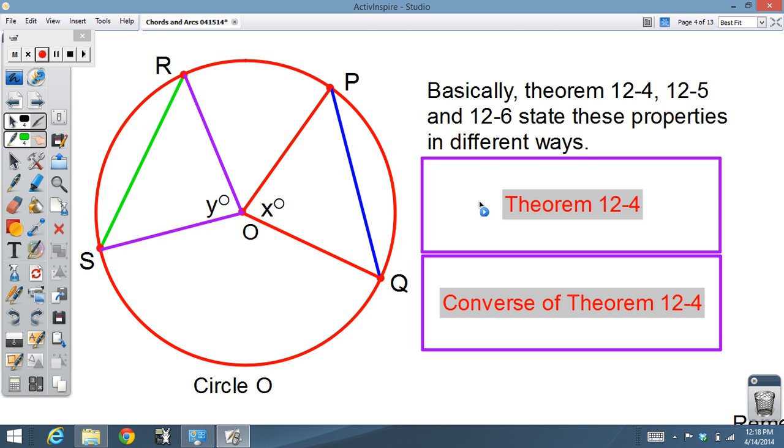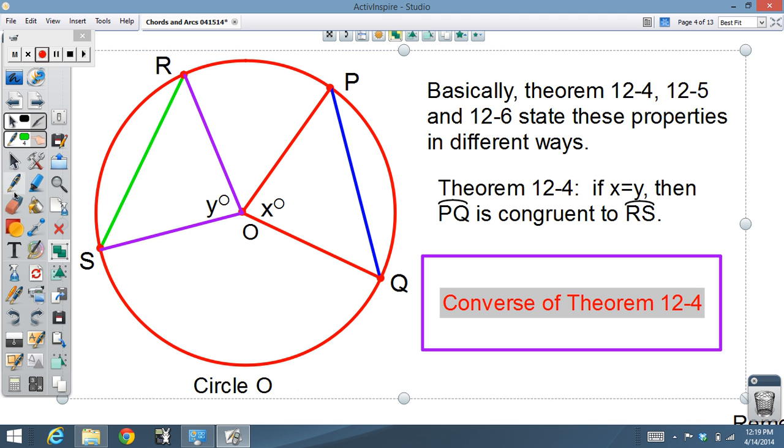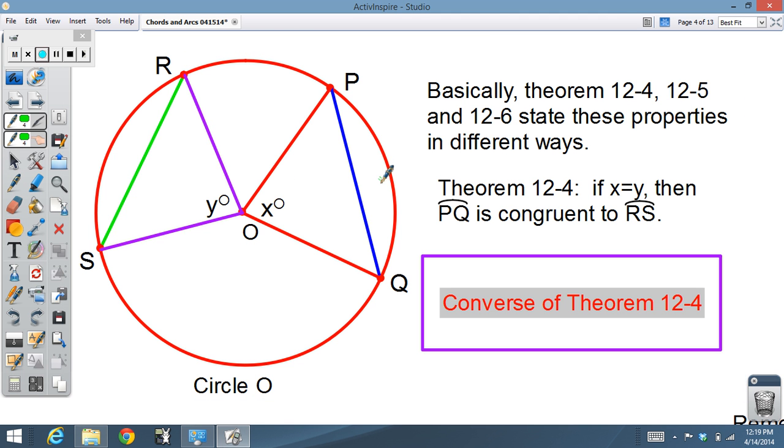First one is really just telling us if angle x equals angle y, then arc PQ must be congruent to arc RS. Simple enough? If x equals y, then the two arcs must be congruent.